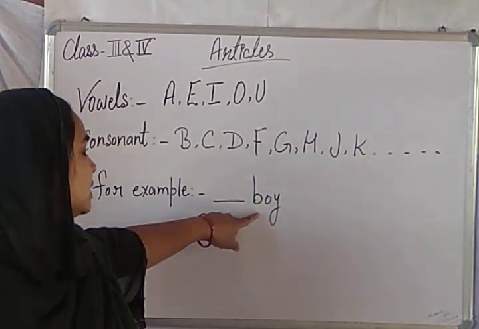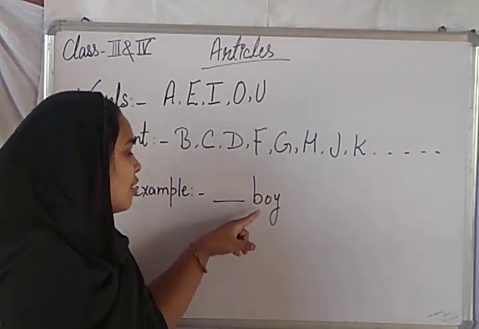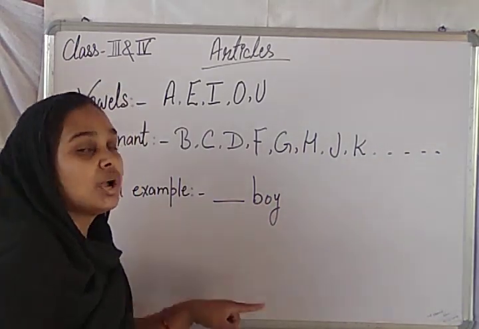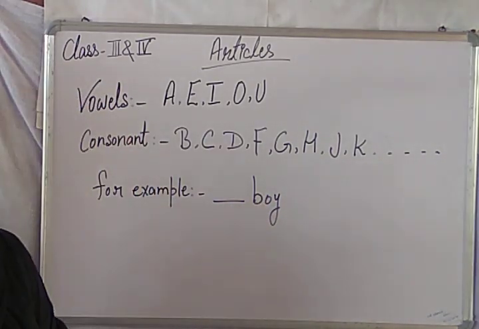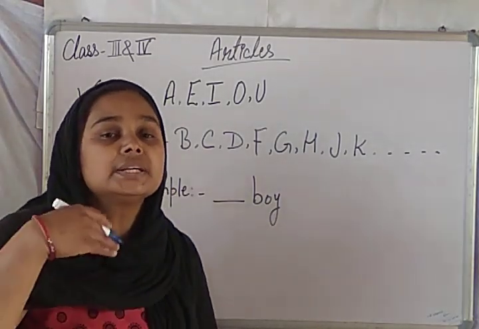Here we use A before boy because the first letter of boy is B, and B is a consonant letter, and its sound is a consonant sound.